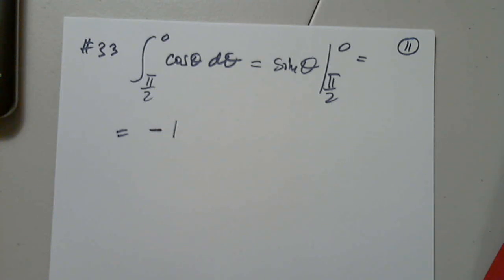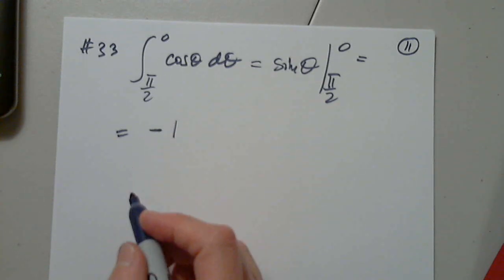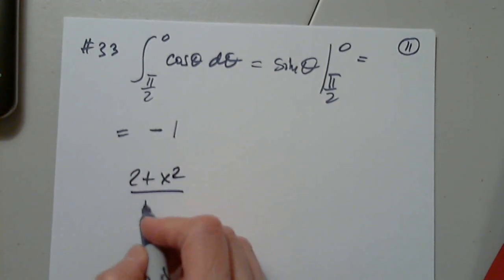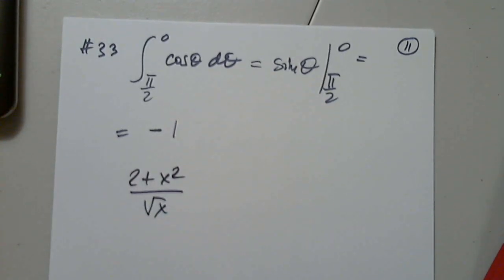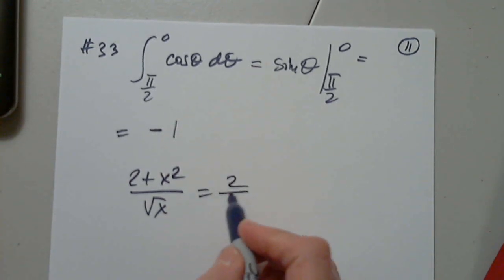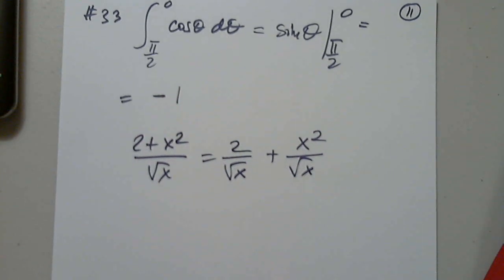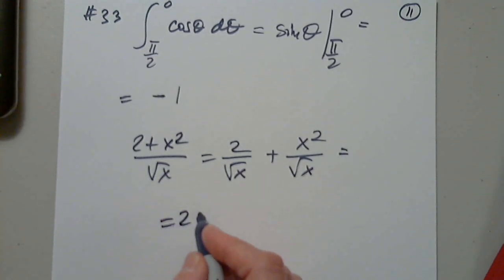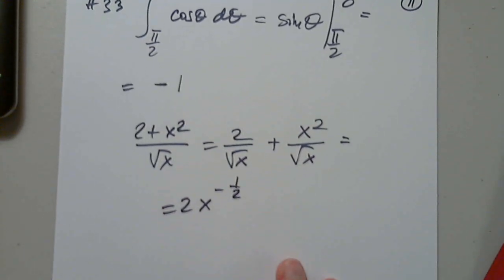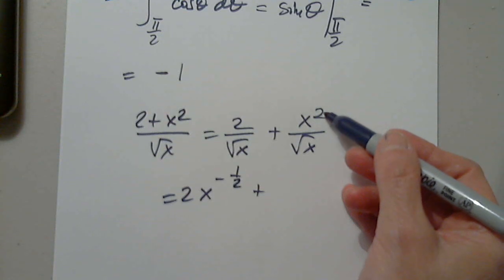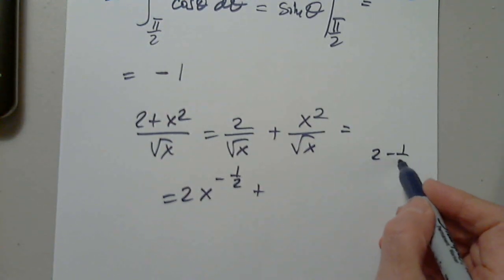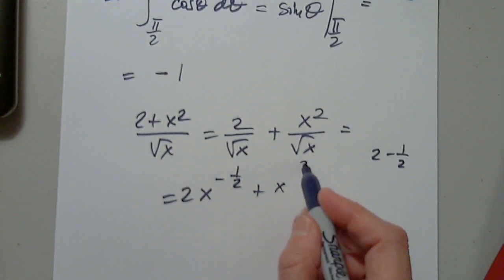Yes. So for 2 plus x squared over the square root of x, we must simplify it as 2 over the square root of x plus x squared over the square root of x. This is possible only because the denominator is one quantity. So this becomes 2x to negative 1/2, and this becomes x to 2 minus 1/2, which is 3/2.